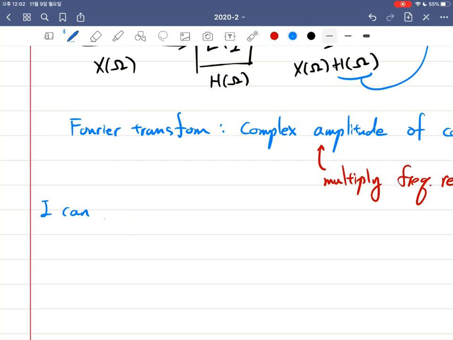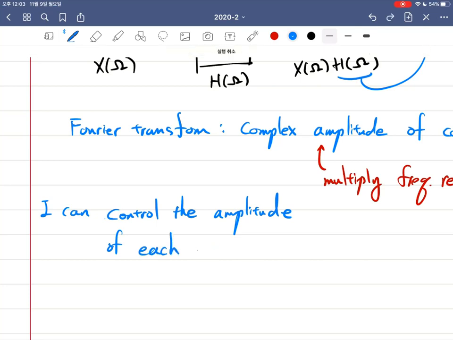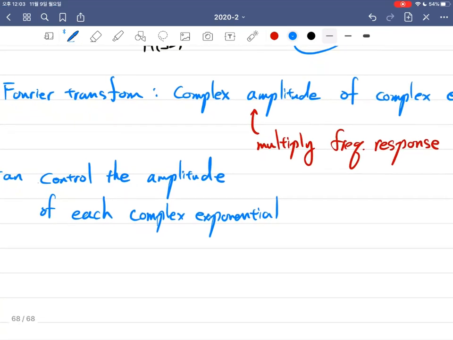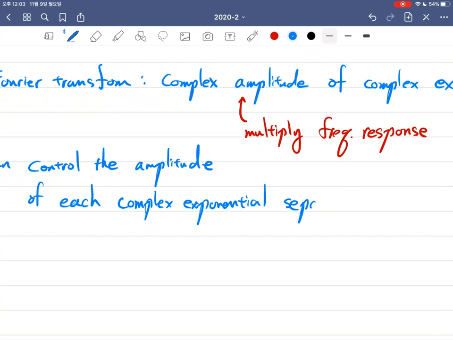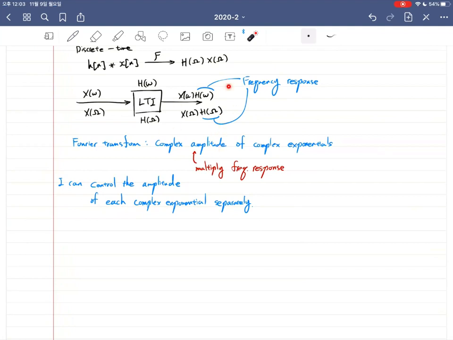I can control the amplitude of each complex exponential separately by using this convolution property.